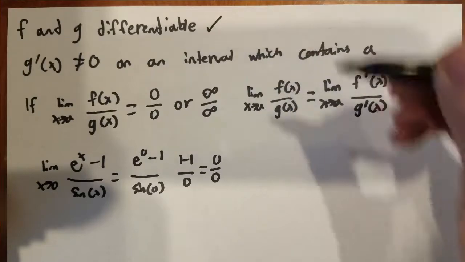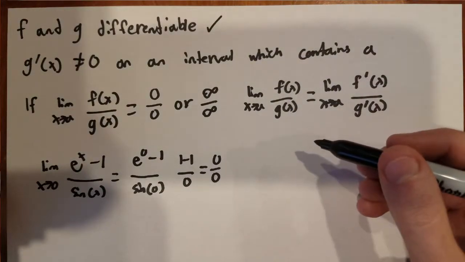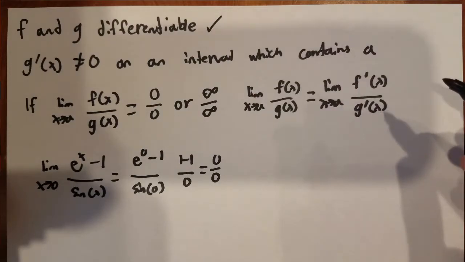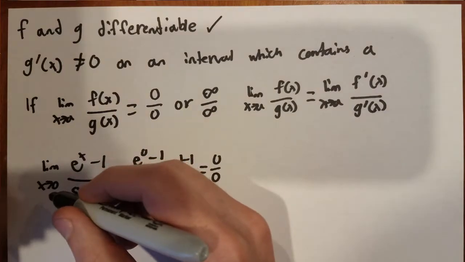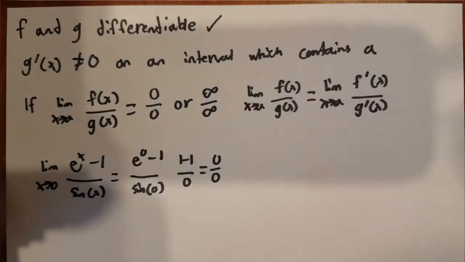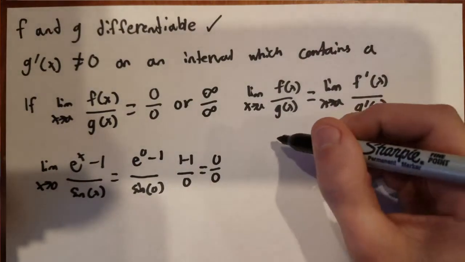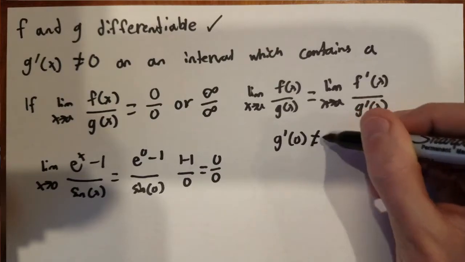Okay, the second condition we have to check is if g prime of x is not equal to 0 on an interval which contains a. Okay, so in this situation, a is 0 because a is just the number that x is approaching. So we need to check g prime of 0, and we want this to not be equal to 0.